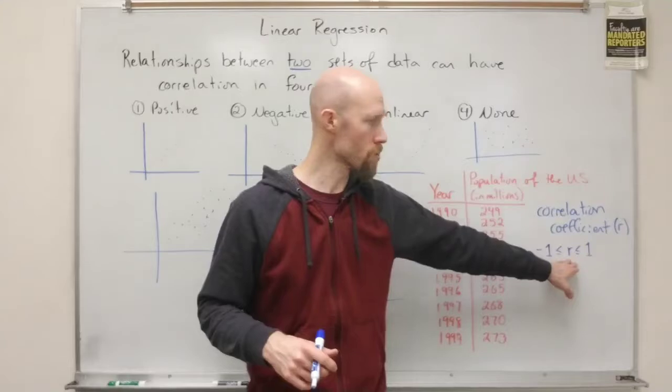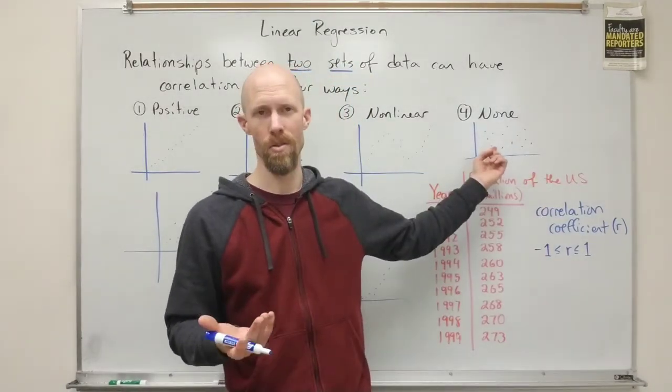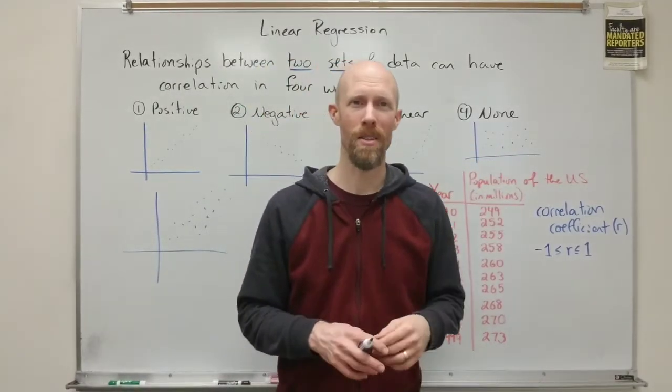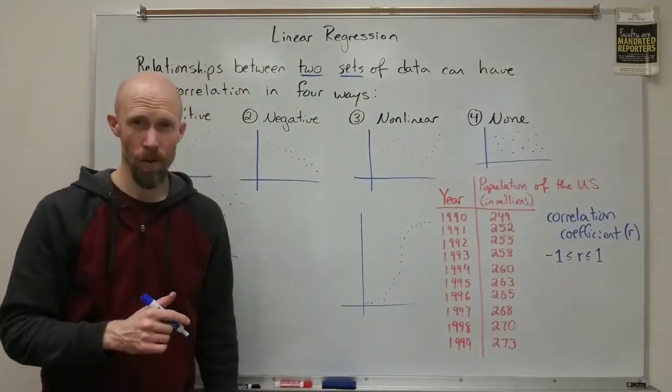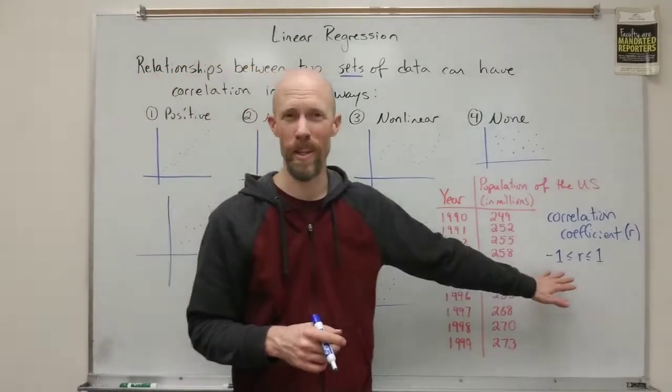And of course, the closer R is to 0, the more likely you are to have no correlation, I suppose. Okay, so it's just going to be dots on a page. So that gives you a little bit of an idea of the correlation coefficient.